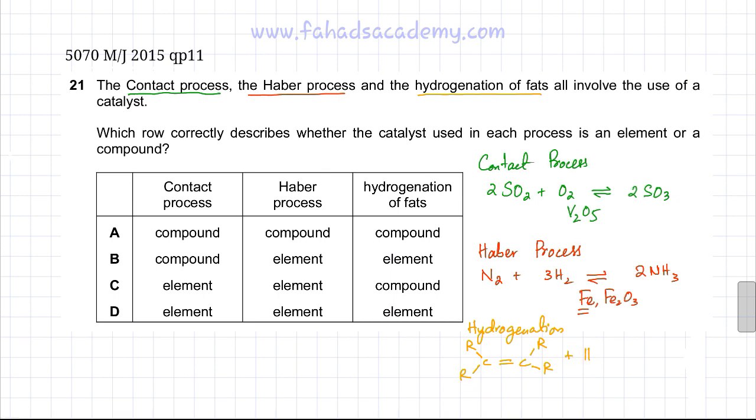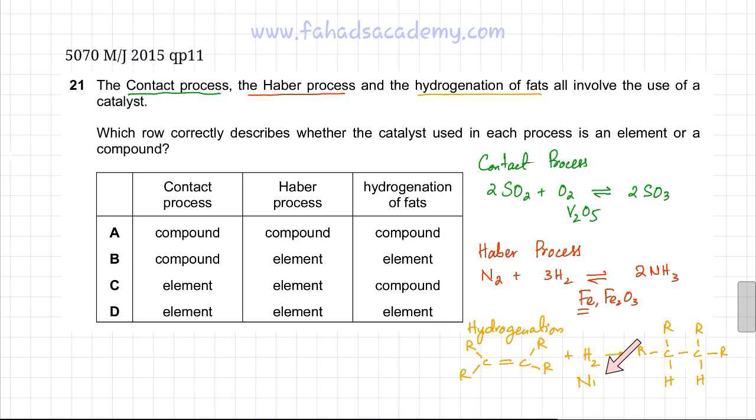What happens in hydrogenation is that the molecule reacts with hydrogen, and the double bond becomes saturated. What that means is that the double bond breaks, and to complete the bonds, 2 hydrogen atoms are added to it. So it's an addition reaction. And in this reaction, nickel is used as a catalyst for hydrogenation. So unsaturated vegetable oils get converted into saturated margarine and fats.